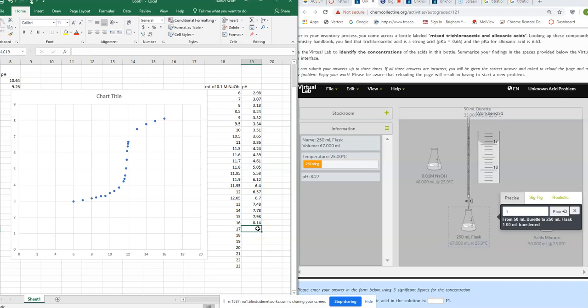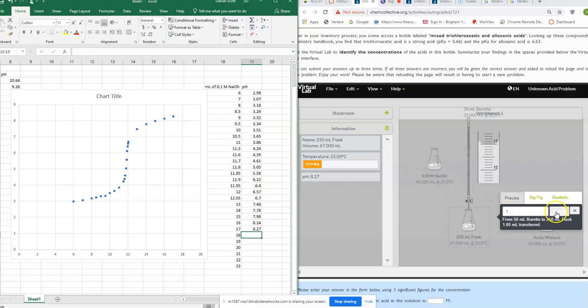Let's see what that looks like. Yeah, it's kind of going up a little bit fast there. I have to pay attention to when it starts going up. If it starts going up fast, then I have to start slowing down my addition.